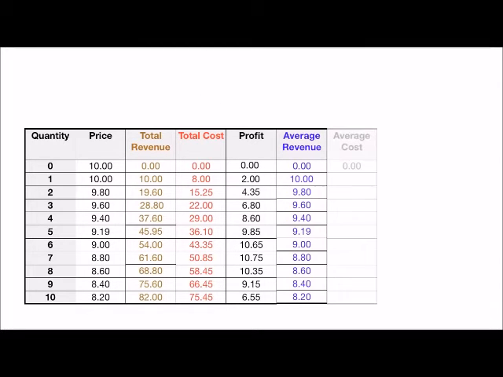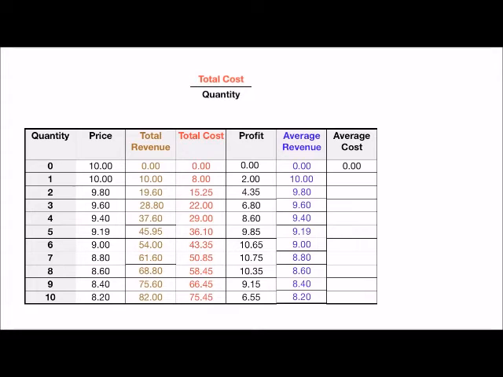Now I'm going to calculate average cost. Total cost divided by quantity is equal to average cost. So for the first value, I take 8 divided by 1, which gives me an average cost of 8.